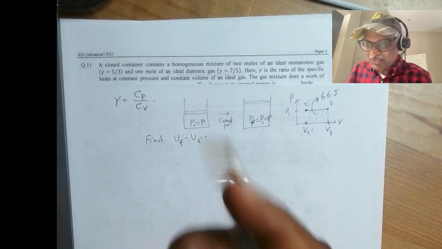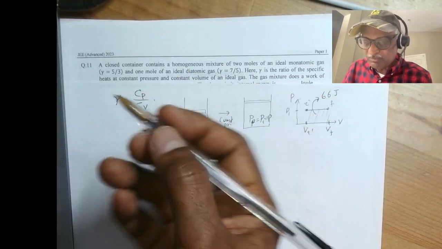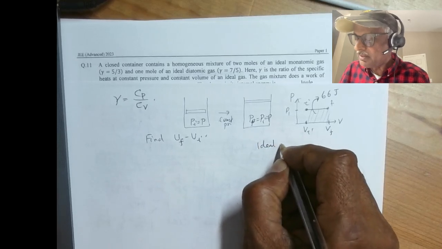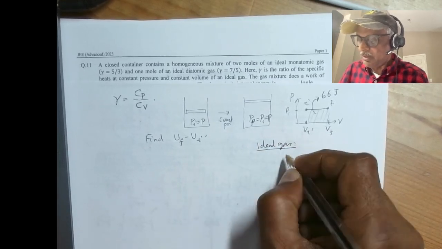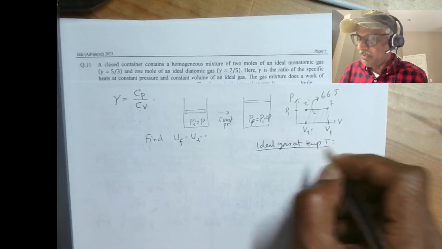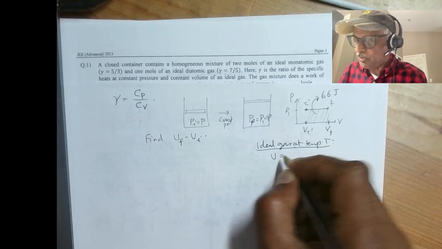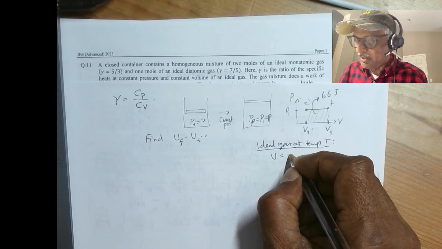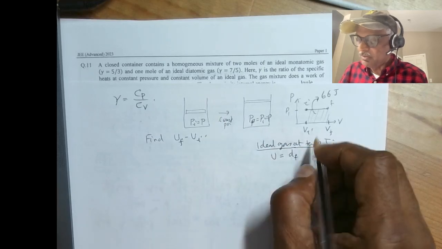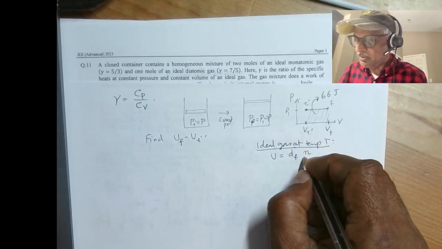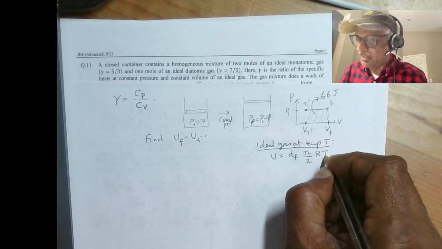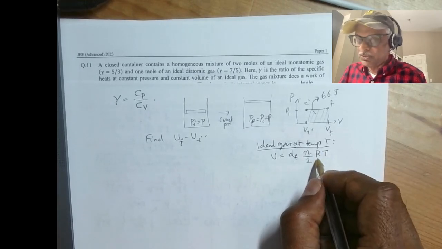If I have one ideal gas at temperature T, its internal energy is simply U equals the degrees of freedom for each molecule, times the number of moles, over 2.